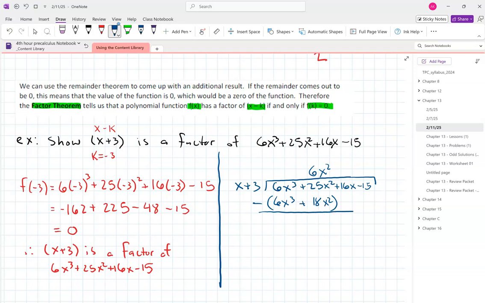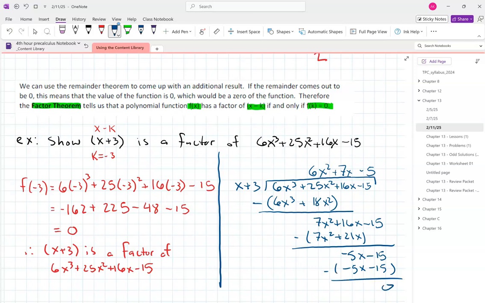And I subtract down. And then 7x times x gives me 7x squared. Then I subtract down. And then negative 5 times x gives me negative 5x. And I subtract down, and I get remainder 0 again.